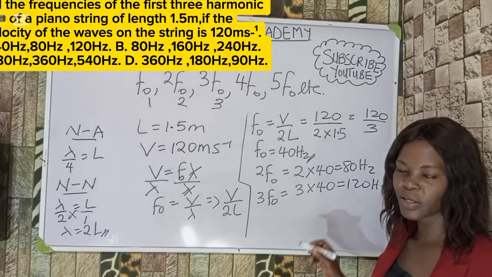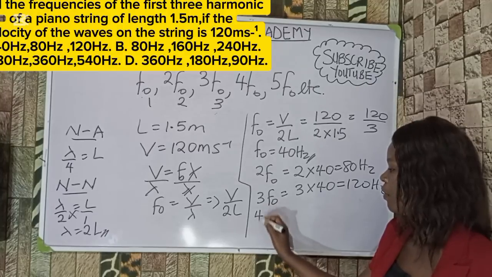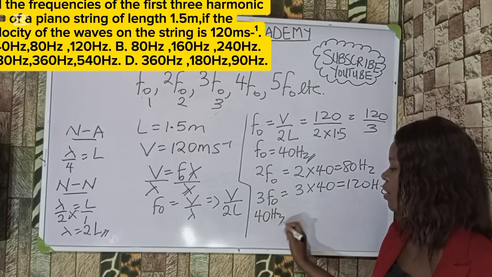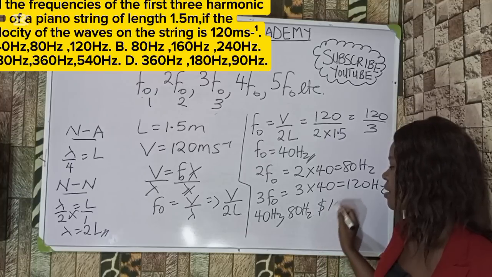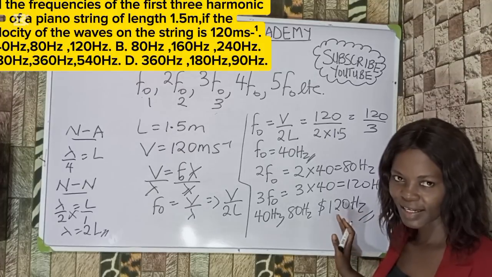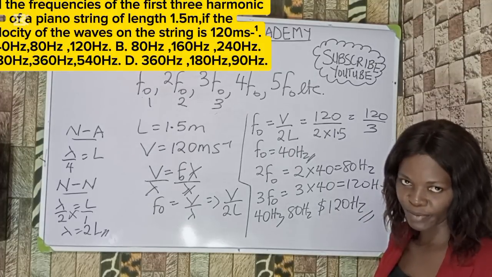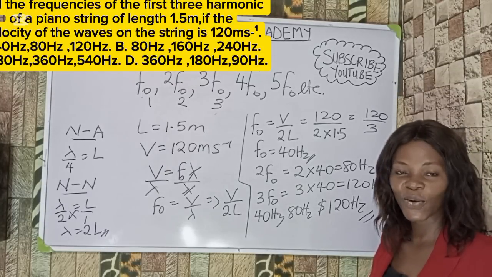So the first, second, and third harmonics are 40 Hz, 80 Hz, and 120 Hz. Hope that is clear. So this is how to solve this type of problem. And from what we've got so far, the correct option to this question is option A.